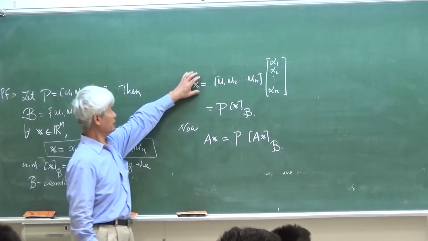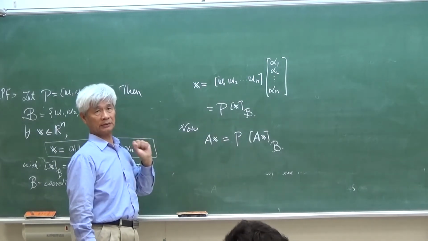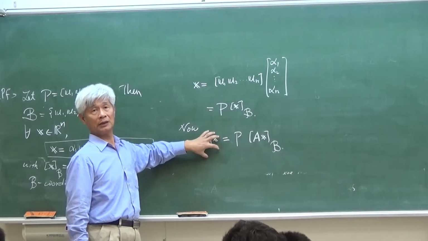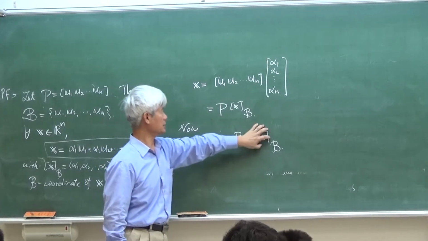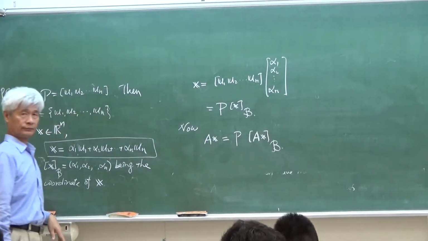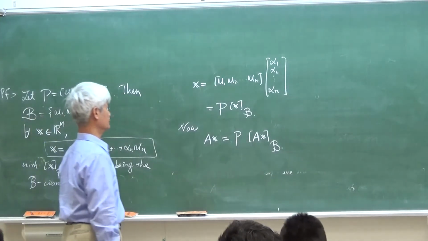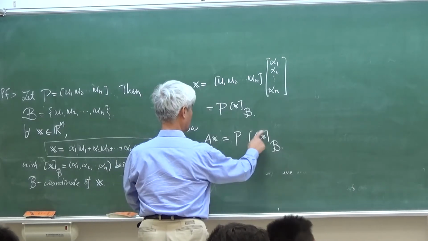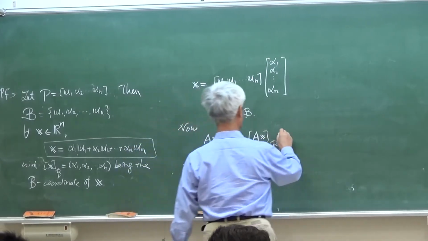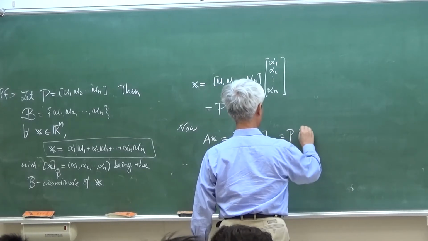I just replace this by AX, because AX is also a column vector. So AX, and what is AX? So this is P and P.